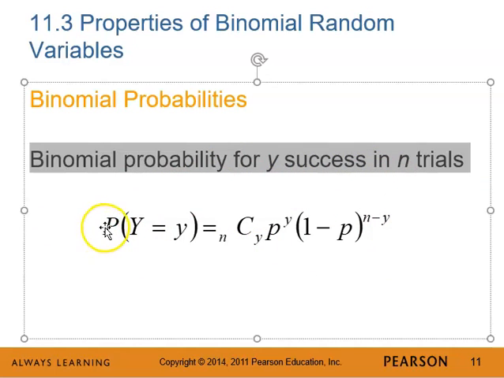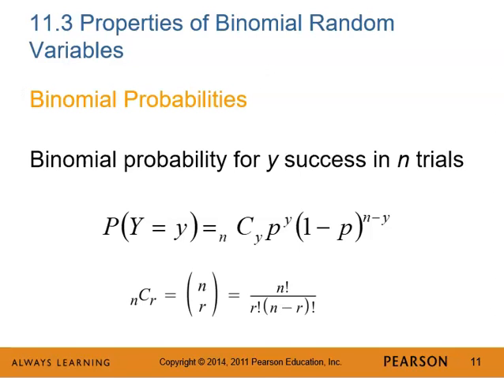This formula is the probability of the number of successes being equal to small y is n choose y. This is a combination, and you have learned that earlier in Stat 1 or Basic Statistics and Probability. And if for any reason you forgot what n choose r is, we represent it this way, and it is in fact n factorial divided by r factorial times n minus r factorial.